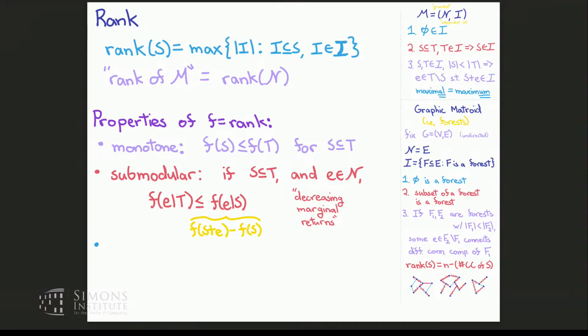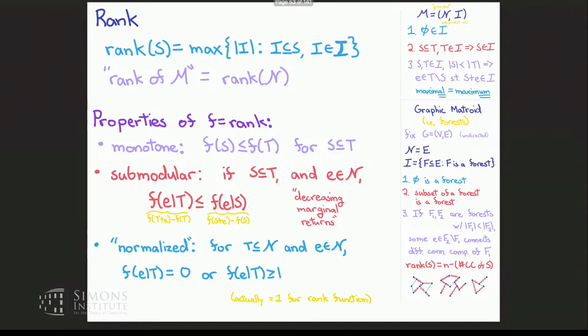So if I have 2 sets S and T, and I consider adding the element E to S and evaluating it, which for rank is asking whether I am going to be able to increase the cardinality of a maximum independent set: if S is smaller than T, then that gain relative to S will always be at least the gain relative to T. Because E might be redundant for T, but not necessarily redundant for S. Decreasing marginal returns.